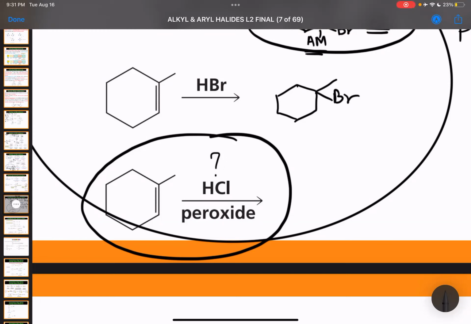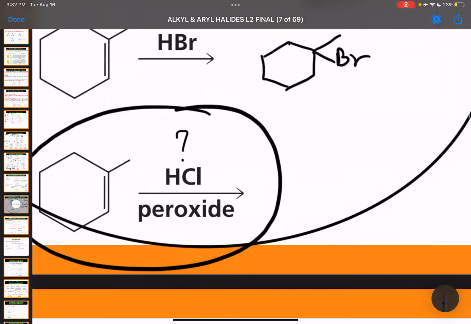Yeah, it doesn't get affected. HCl is going to attach in the way in which it was attaching without peroxide. Normal addition. So anti-Markovnikov addition is not possible. Simply you will attach the HCl in the way in which it was getting attached earlier, right?